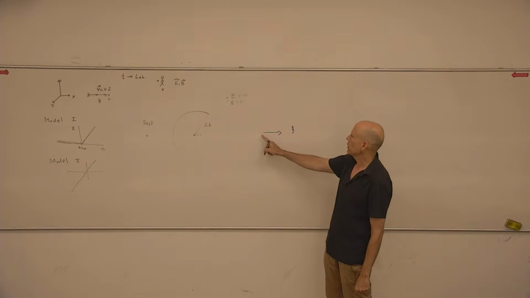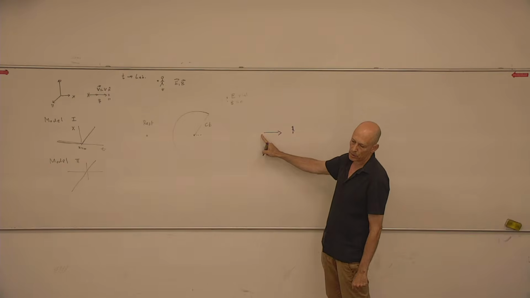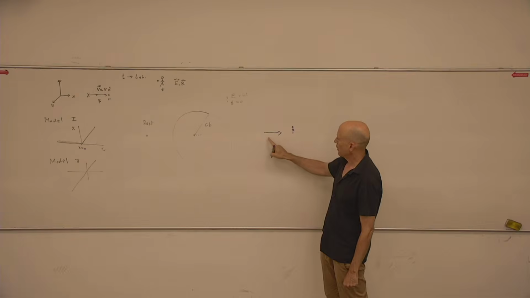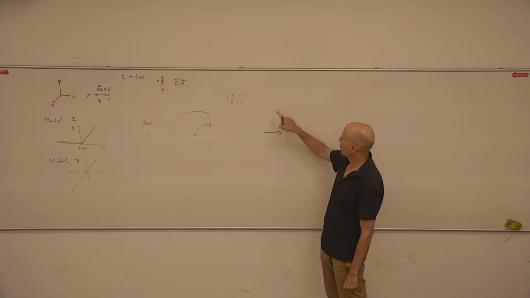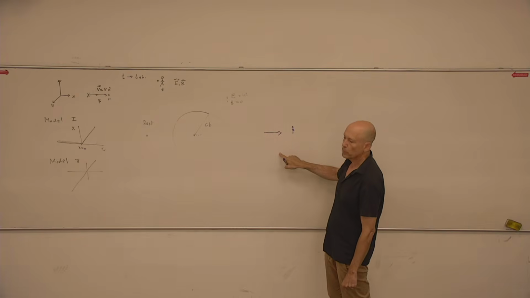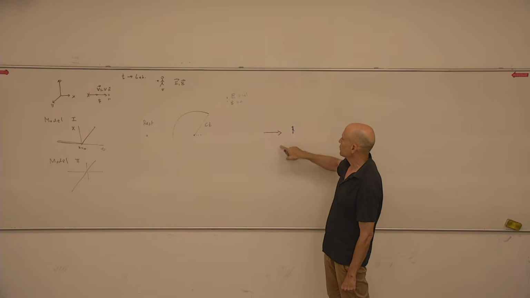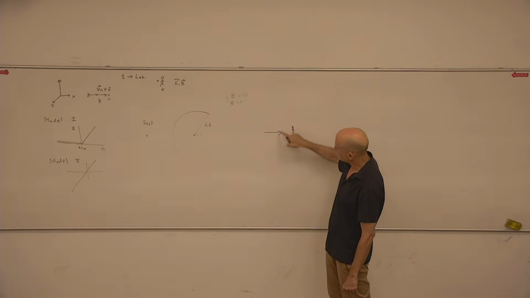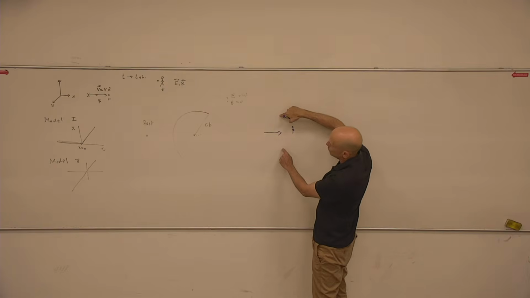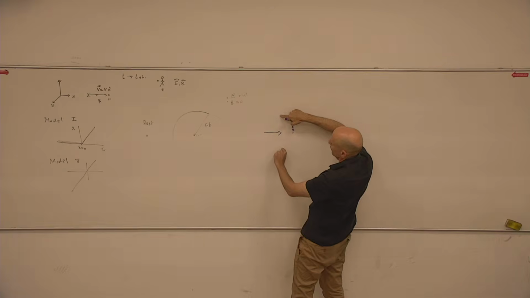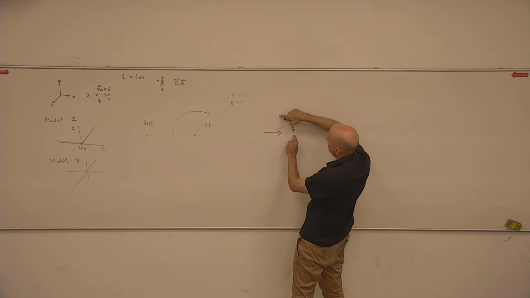Or maybe the observer is behind him. Or it can be on top, or it can be on bottom. The question is, will the electric field, for example, be the same up here and down here? Well, from symmetry it looks like it, because the particle is coming from here. But will it be the same here and here?